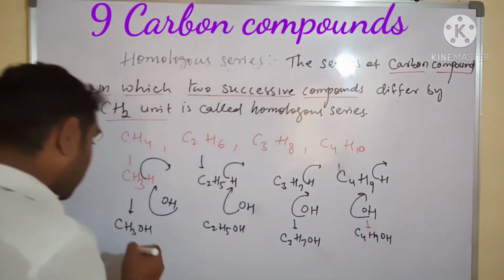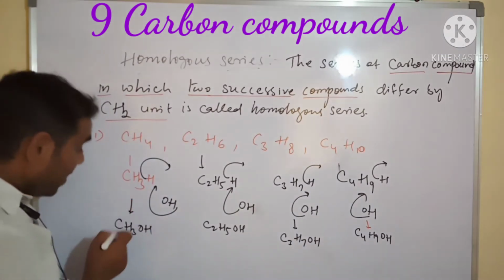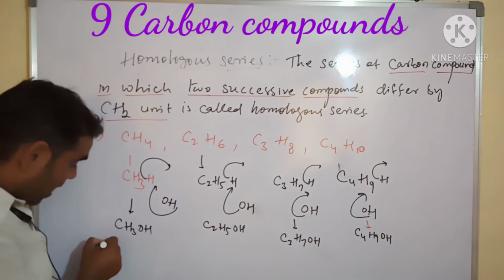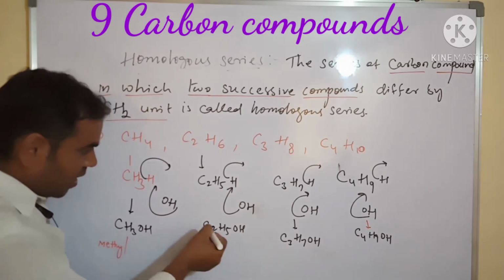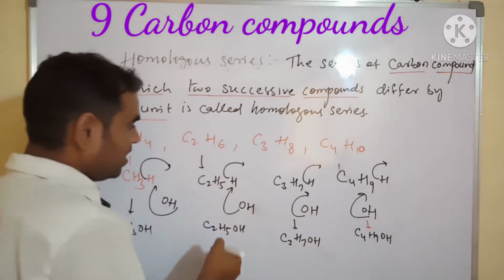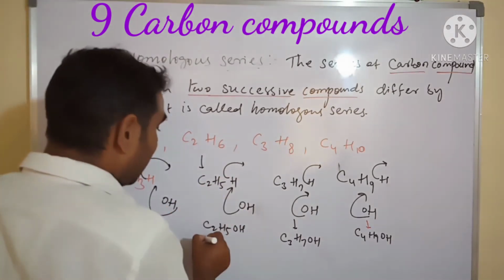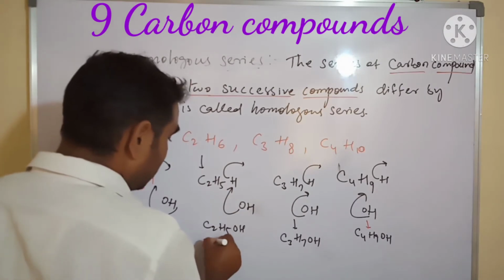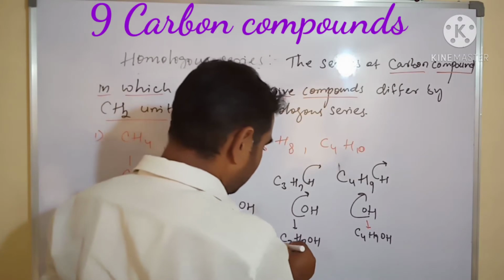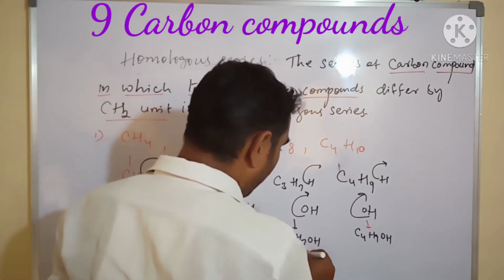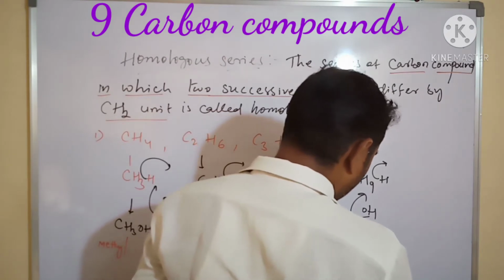One hydrogen is replaced. We call this methyl. Here also one hydrogen is replaced; we call it ethyl. And here propyl. With 4 carbons, butyl.